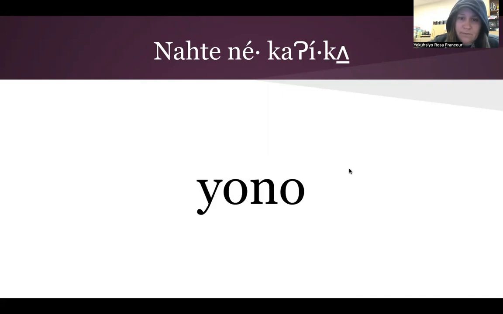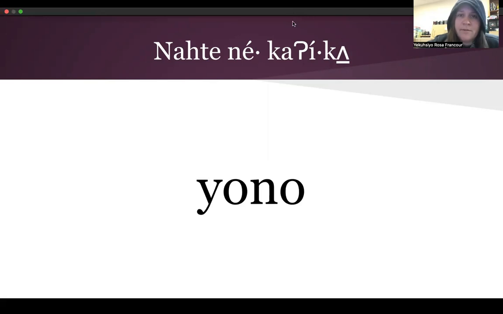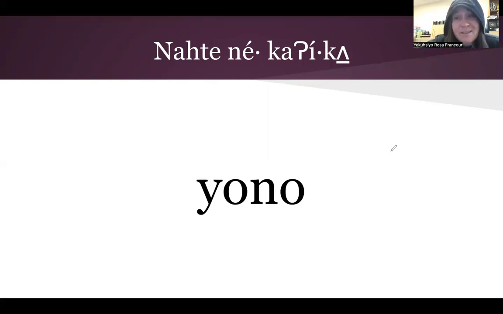I'm going to pick a different one here. Let's do this one. This is a good one. Okay, so we have yono. Is this subjective or objective? Subjective. What's the meaning? You can say it or you can write it.